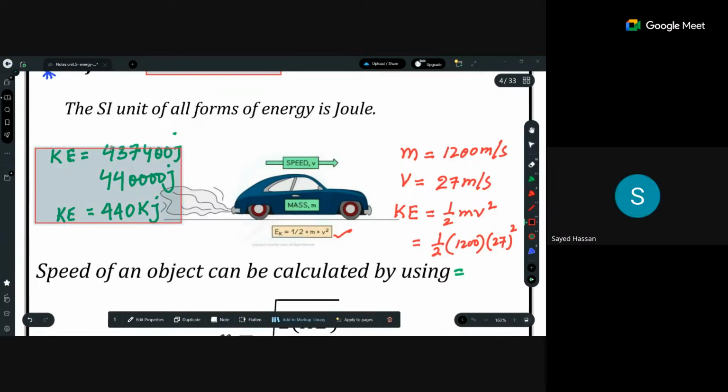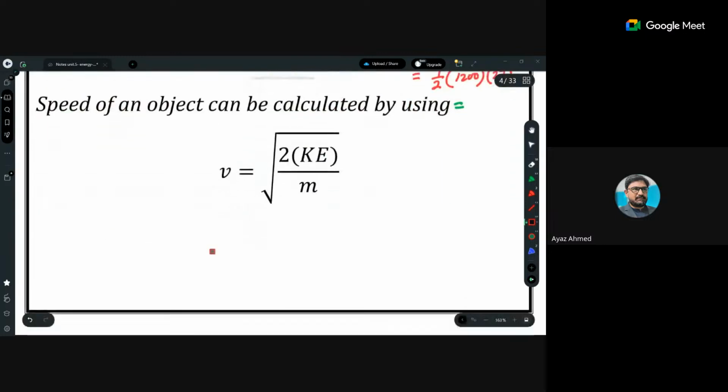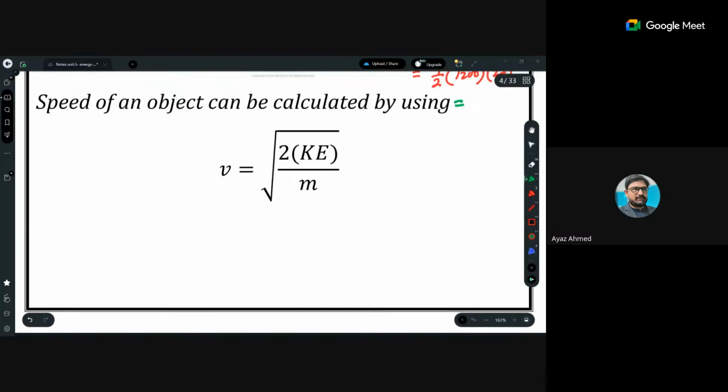Okay. Now, if the same car is given to you and some energy is available and you are supposed to calculate the speed of that car, for example, the same car, its mass is the same, 1200 kg, and it is said that the car possessed 60 kilojoules of kinetic energy.